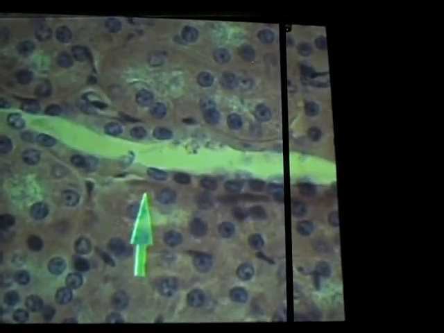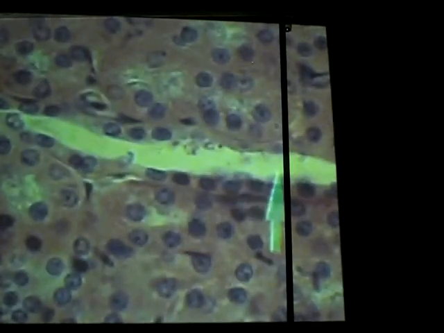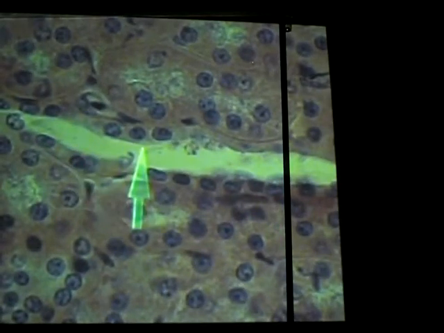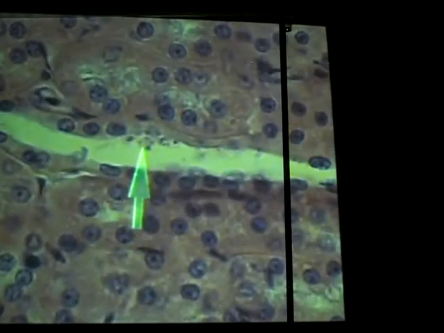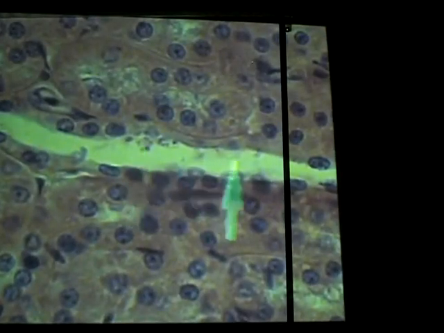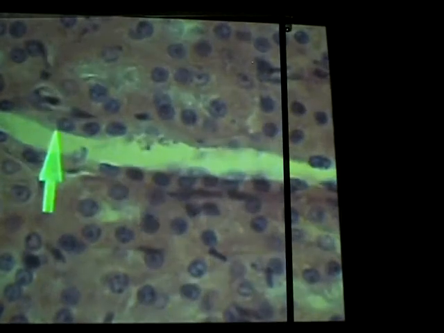This is a good one. So you have clearer lumen, you have these long tubules, and it looks similar to your distal convoluted tubule. So this would be your thick ascending limb of the loop of Henle.